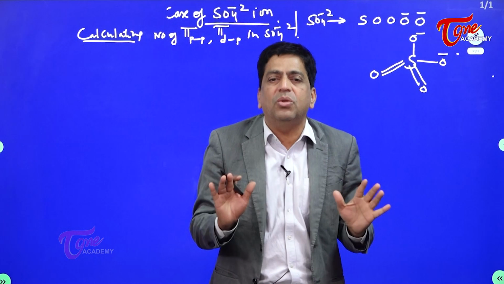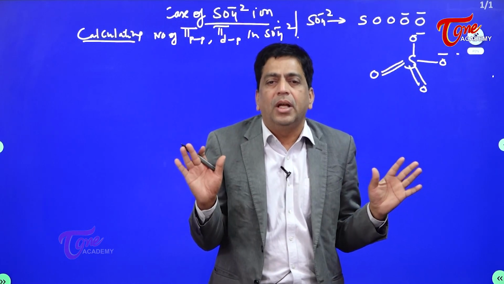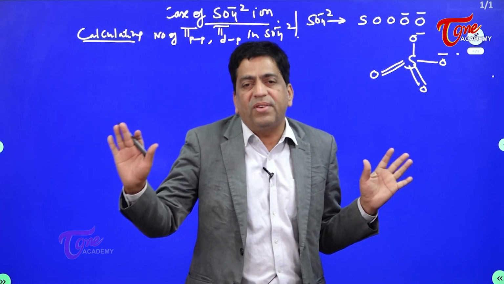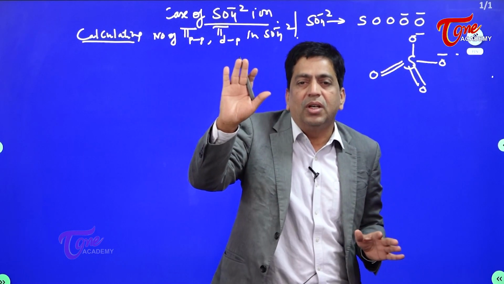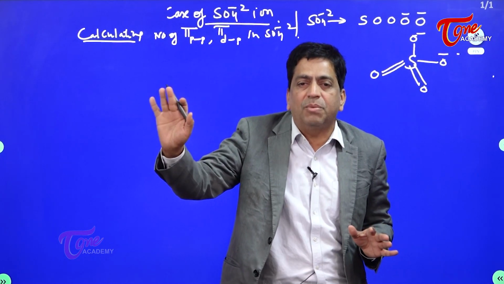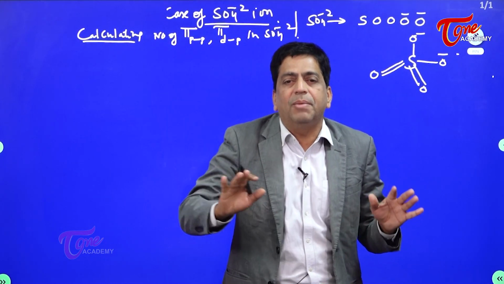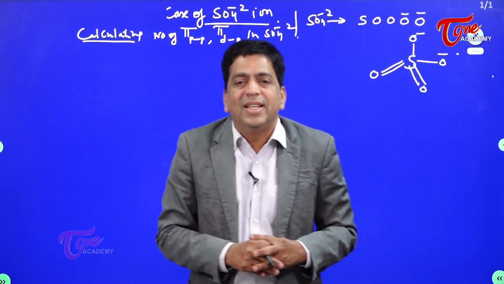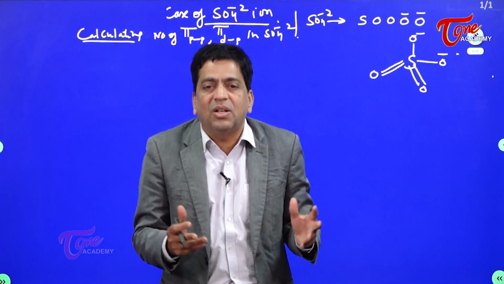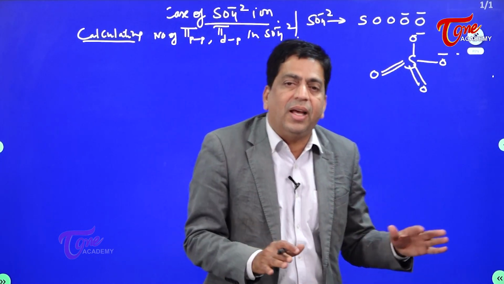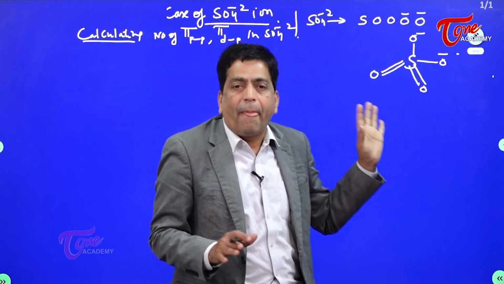So we are sticking to the fundamentals of chemistry. Now what are the fundamentals of chemistry? That any element belonging to the 5th group, it will form 5 bonds. 4th group, it will form 4 bonds. 6th group, 6 bonds. Like that, it depends on the group number. You must understand. Since sulfur belongs to 16th group or the 6th group, the total number of bonds are 6, and I am right in writing this.